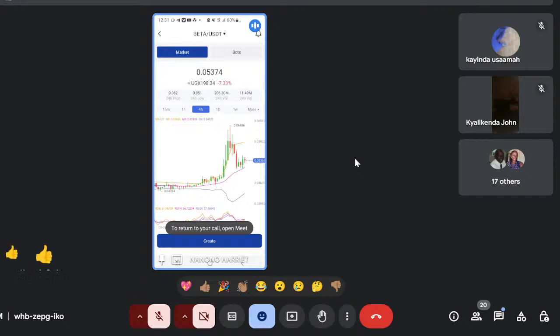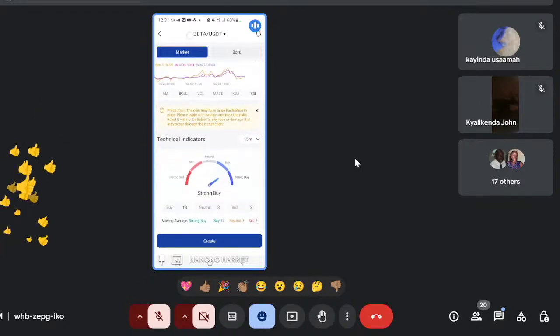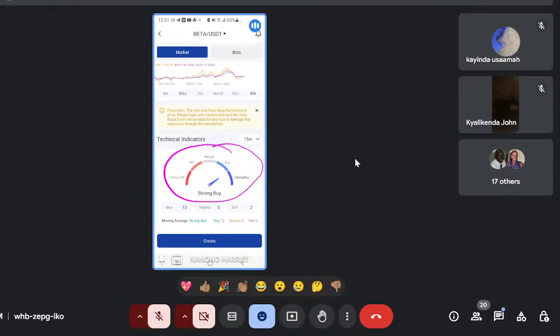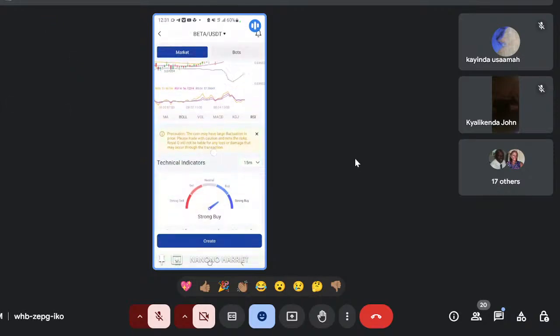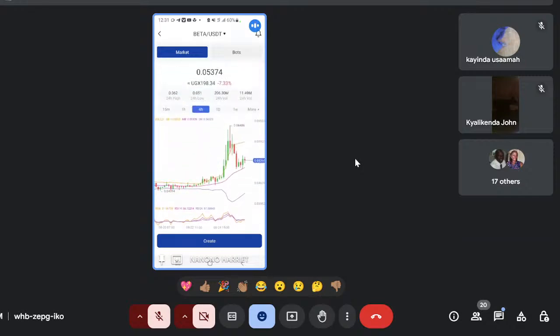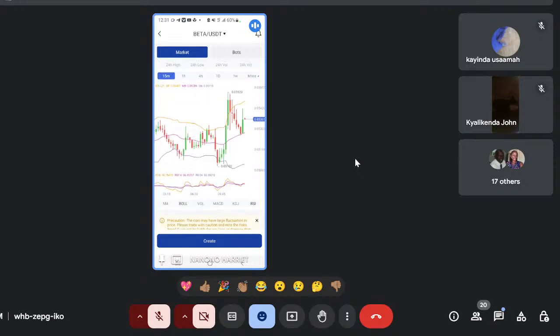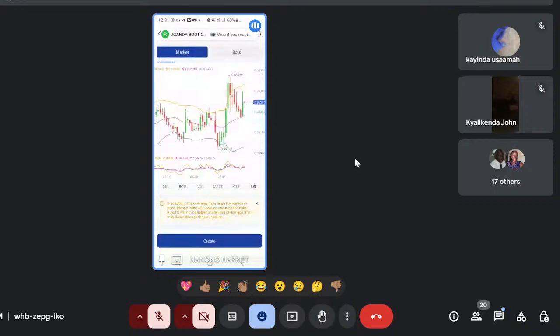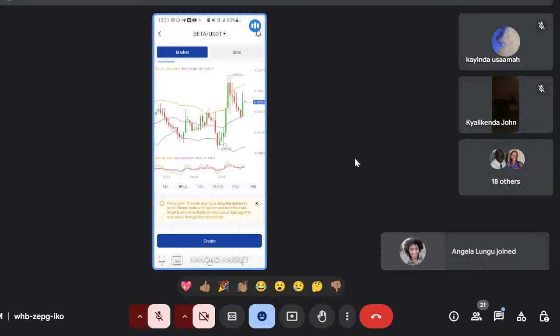Now, there is no way you are going to use this meter effectively when your chart up here is in 4 hours. In order to use it very well, you have to change the chart to 15 minutes, because when you change it to 15 minutes, even this RSI is going to change and start showing you different things.